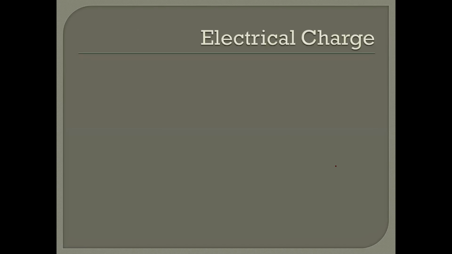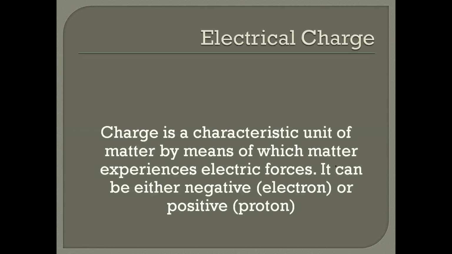Electric charge is nothing but a specific property of a material which enables the material to experience electric force. That is, only charged particles will experience electric force. As you know, charges can be of two types, either positive or negative. Electrons have negative charge and protons have positive charge.